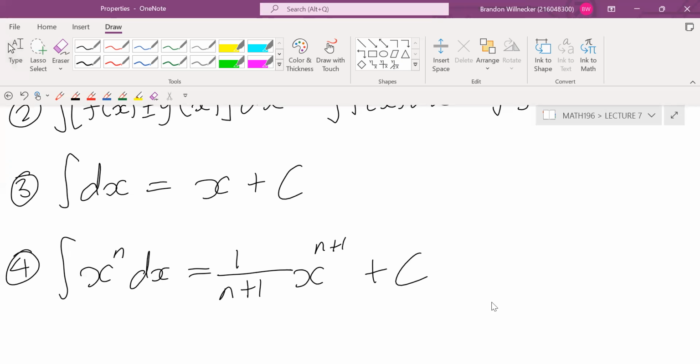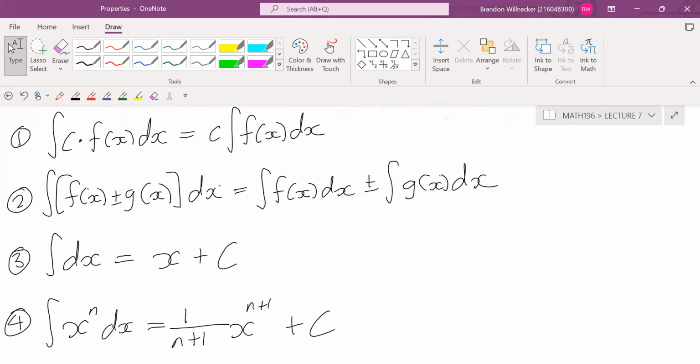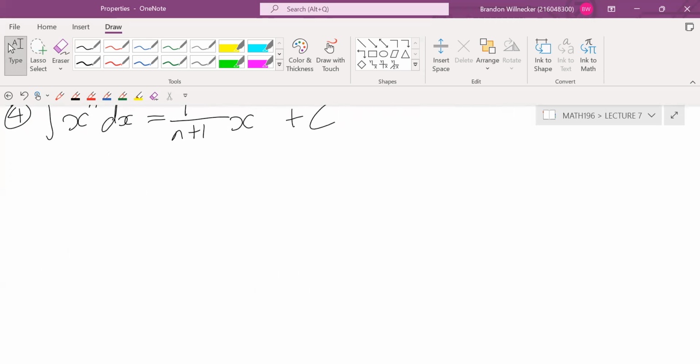These are the basic properties that you should know, and we can use these to help with the problems that we have. But you see, these are exactly the same properties as antiderivatives, but we've just written them using this integral notation. So it's just a notation change. Okay, so next.